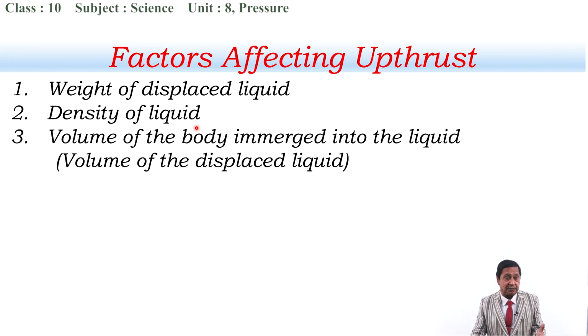Increase of density of the liquid increases the upthrust, which means if a liquid has more density, then the weight of displaced liquid will be more, and that's why this second point is also related to the first. And if the volume of the body immersed into the liquid is more, then certainly the weight of displaced liquid will be more.